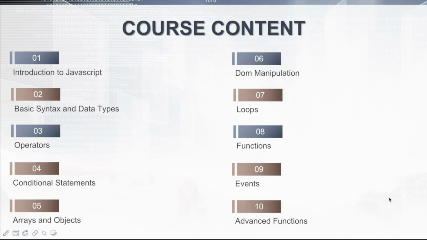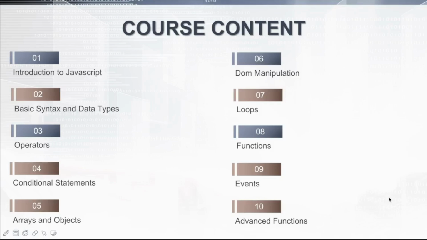So looking at the course content, I have Introduction to JavaScript, which is the first module, and so we are going to introduce JavaScript, to look at basic syntax, how you can write code in JavaScript, just get you set up for JavaScript, right? And then we are going to look at basic syntax and data types.